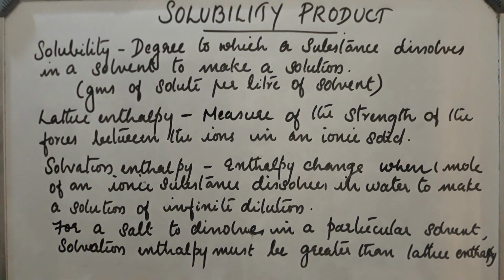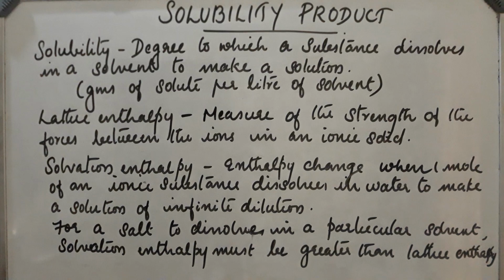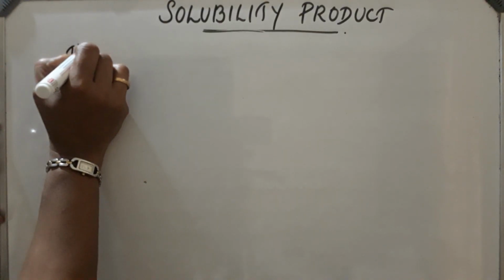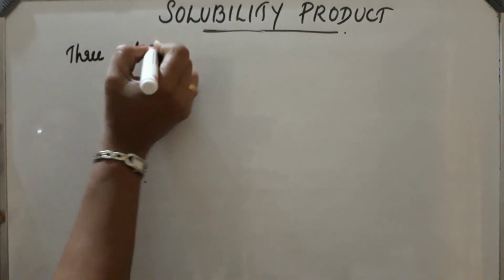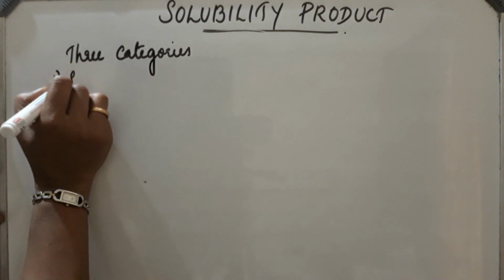Now, the solubility of different solids varies. Depending upon that, solubility is categorized into three categories. First category, soluble salts.